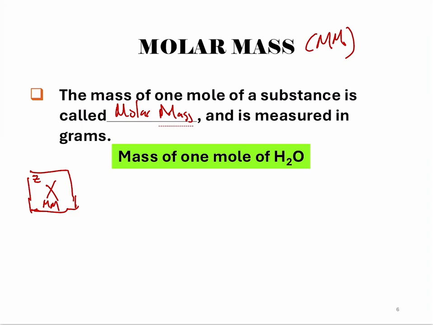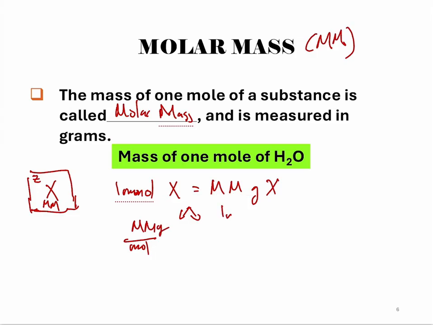Which means that 1 mole of X is equal to the molar mass grams of X, if this is our random element here. Which means the molar mass per mole, or 1 mole per the molar mass in grams.